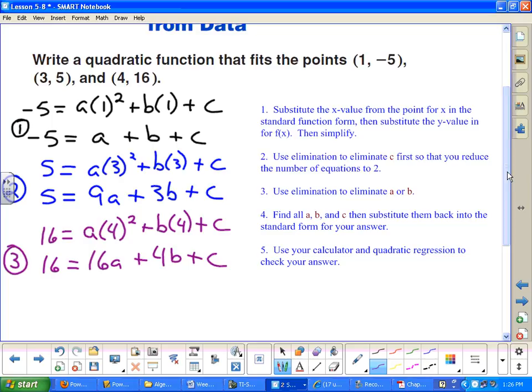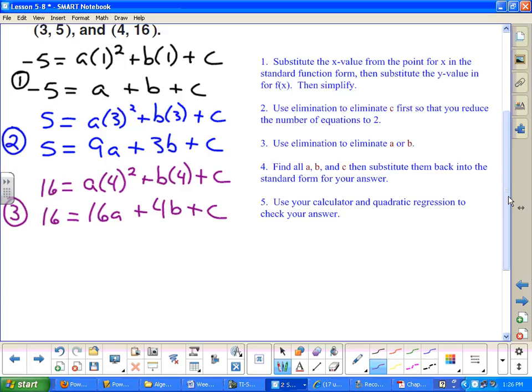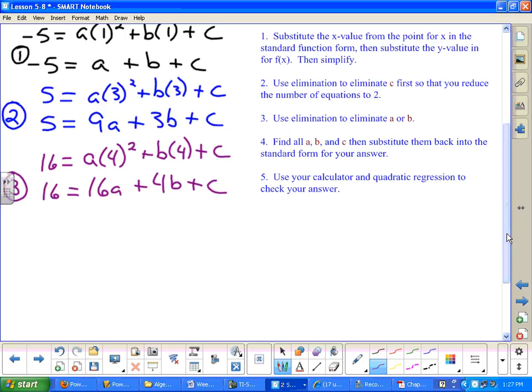So first thing I'm going to do, and I've put the order of what I'm going to do here, is eliminate c first, because I have 1 c in each case. So all I have to do is change the signs of everything by using elimination. So I'm going to take the first and second equation and the second and third equation, and use them to eliminate the values of c.